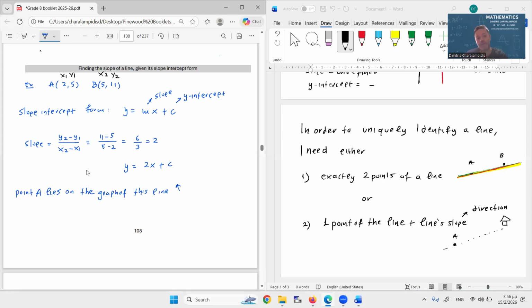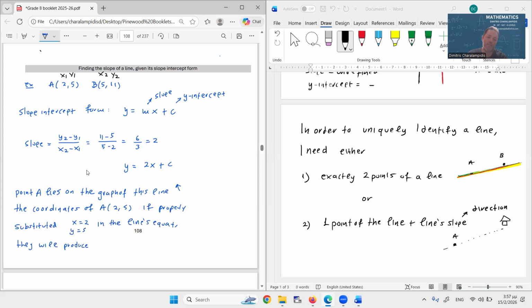So this means only one thing, that the coordinates of A, which are 2, 5, if properly substituted, and by this I mean if x equals 2 and y equals 5 in the line's equation, they will produce a true statement.